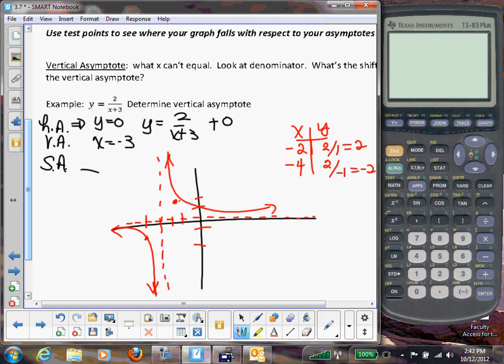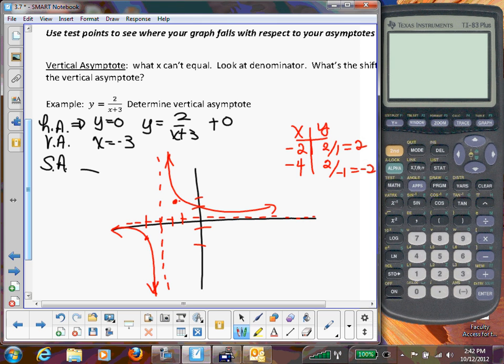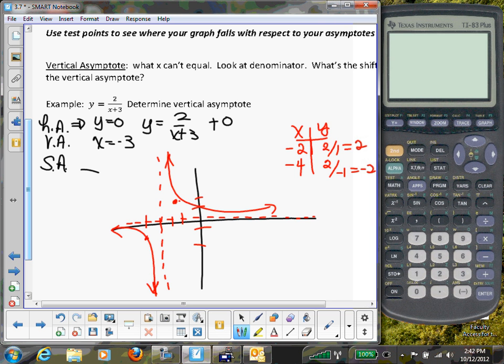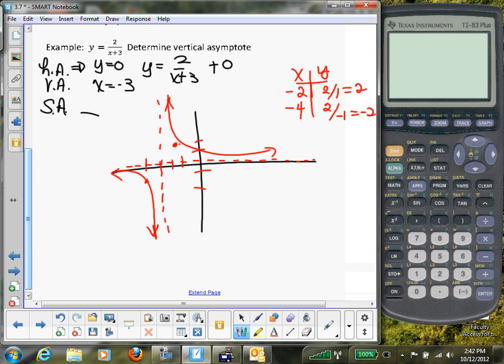And so I know that I'm in this portion between these two asymptotes. You go to the left and to the right of that vertical asymptote and see where your figure is going to fall. Kind of a review from last year.